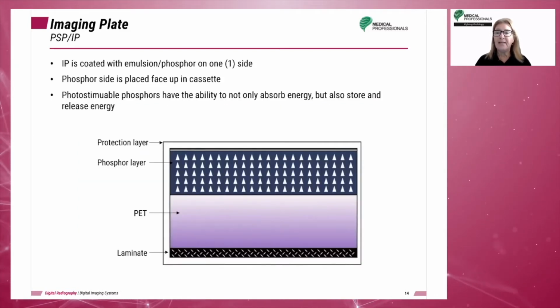The IP is coated with emulsion on one side. Therefore, the plate has to be loaded in the holder cassette facing up. Phosphors used in CR imaging plates are referred to as photostimulable storage phosphors.